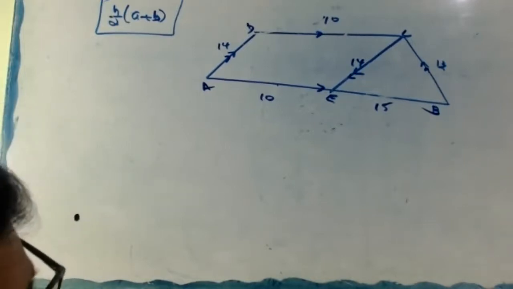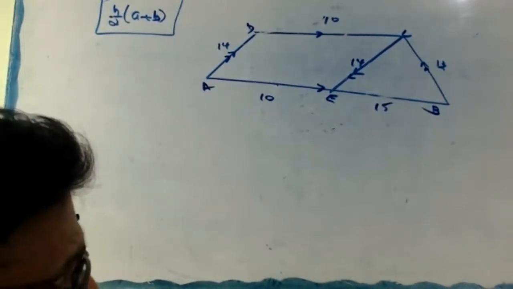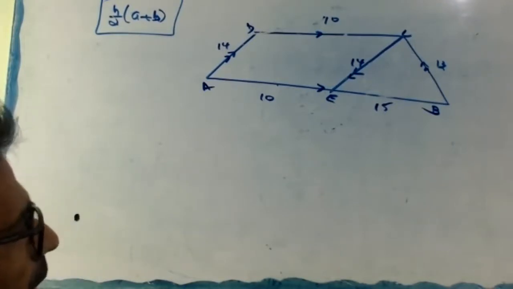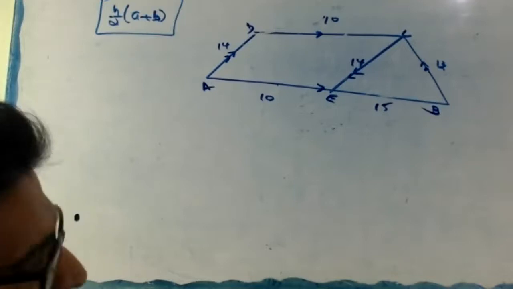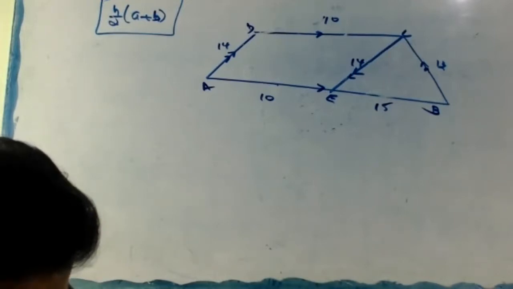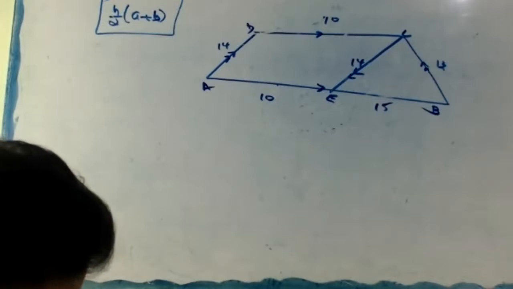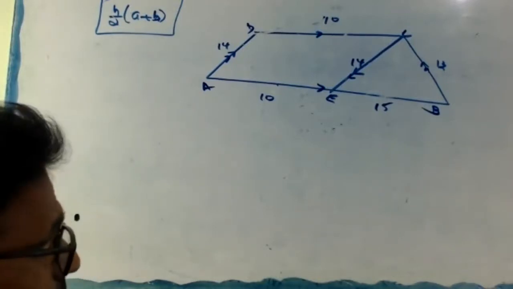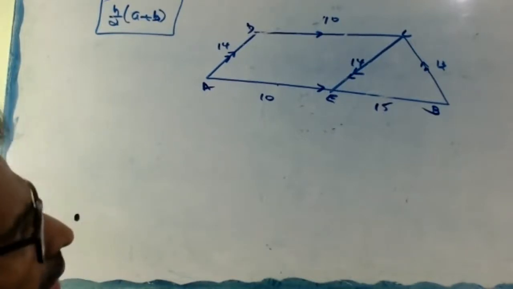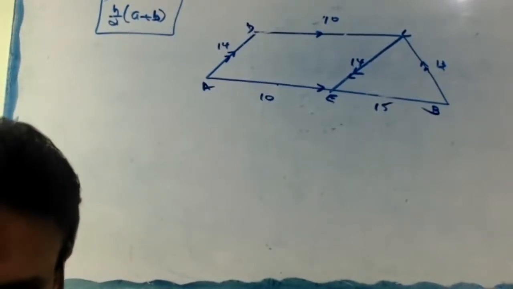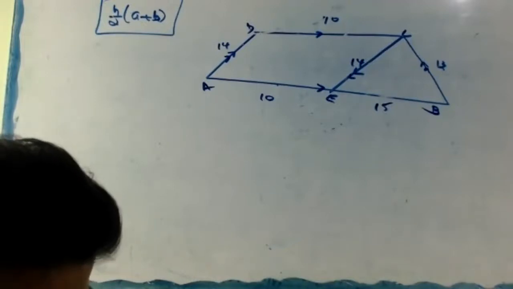Right. Through C, start like this: through C, draw a line parallel to DA, which intersects AB at E. Hence, AECD is a parallelogram, in bracket, opposite sides are parallel.